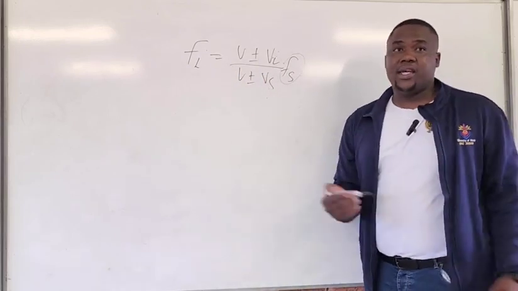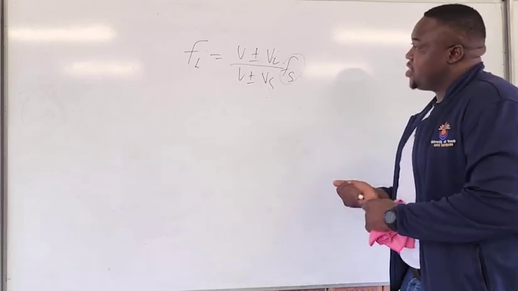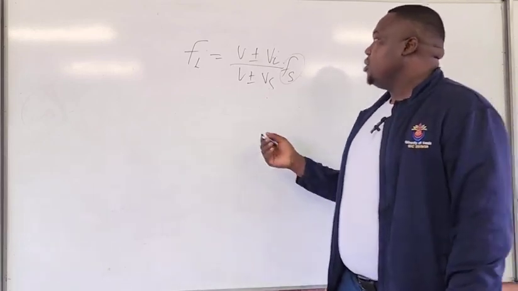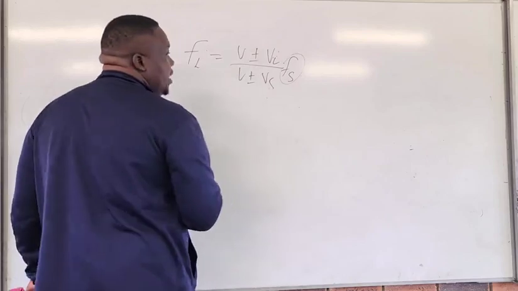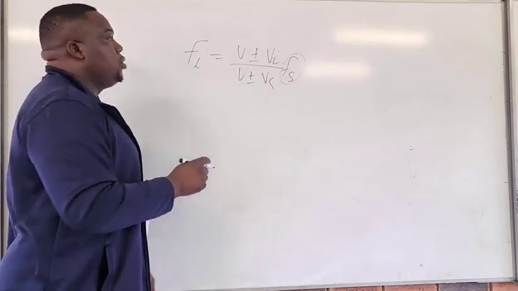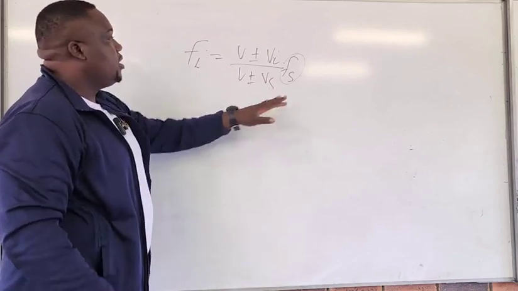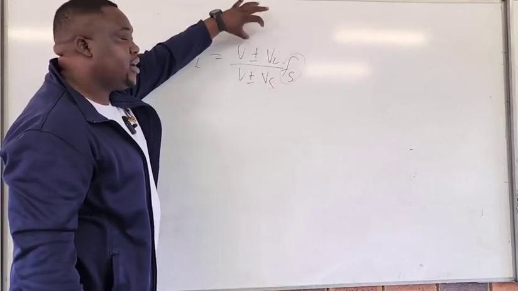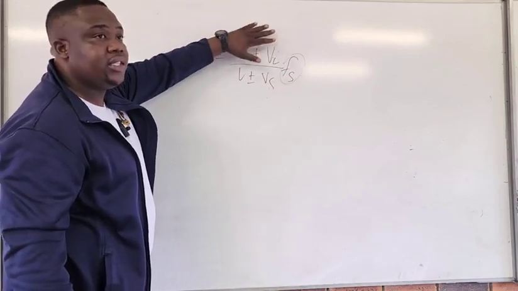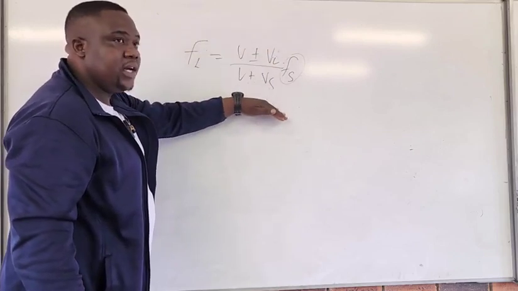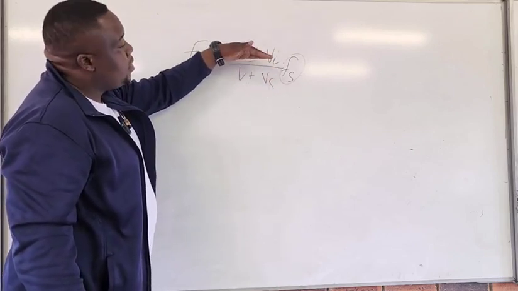Okay, let us do these things. Yesterday I said, do not look at this formula holistically, don't look at it as a whole. Just look at the listener part. The numerator is the listener part. The denominator is the source part.